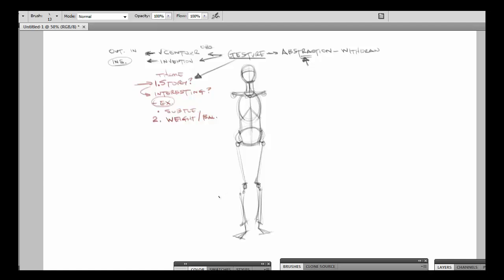Just for example, to begin, think of what it is to walk or to run. It's a very chaotic play of weight and balance. We have to throw ourselves out of balance to take a step, and then we catch it again. And then we have to throw ourselves out of balance again, and then we catch it again. So even the very basic idea of movement is a chaotic balancing act.